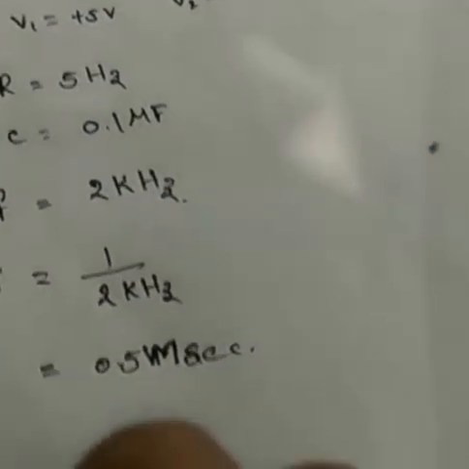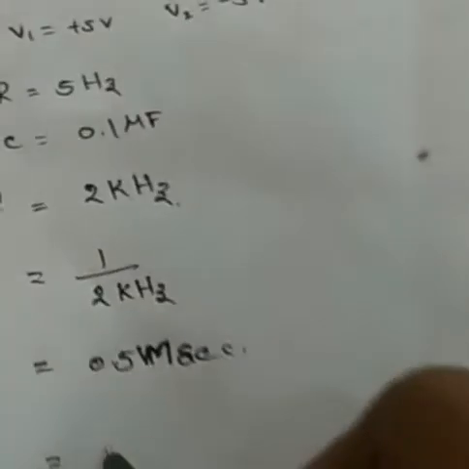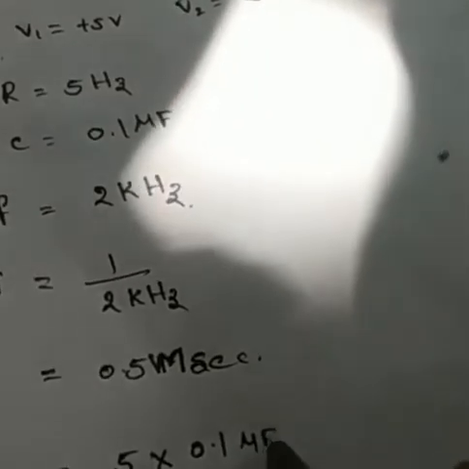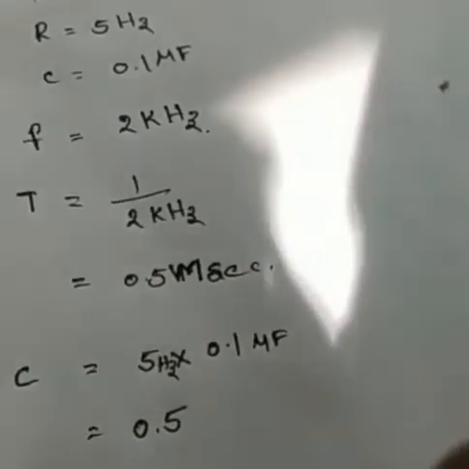Now calculate RC. R is 5 into 0.1 microfarads, which is 0.5 milliseconds, so 0.5 is the value of RC.